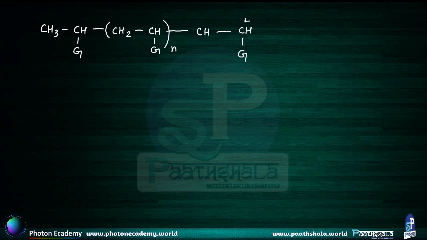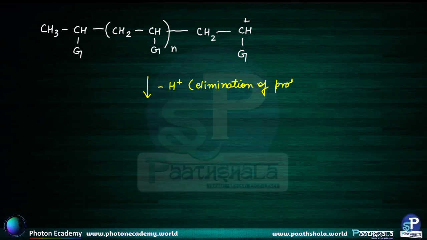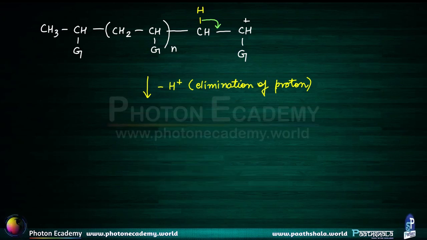Now we have to remove this particular initiator, that is the positive charge from this. So what we do is we just eliminate a proton. So elimination of proton has to take place. Now we are representing this H here. The bond will break from here, and this bond will shift here, and we are releasing an H positive.